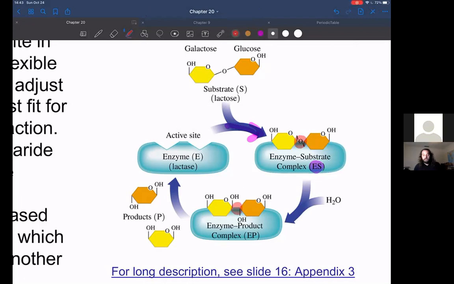Now we have our sugars that were once linked together broken apart, and this would be the enzyme product complex. The last step is for the products to dissociate from the enzyme. Now I have my two individual products, galactose and glucose, and I have reformed my enzyme all over again.